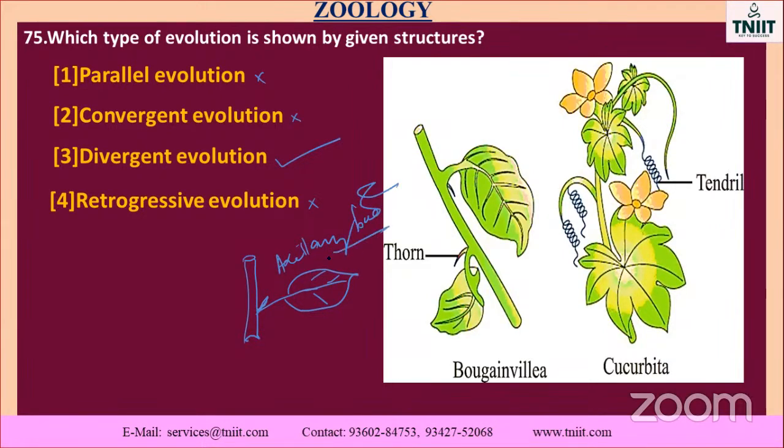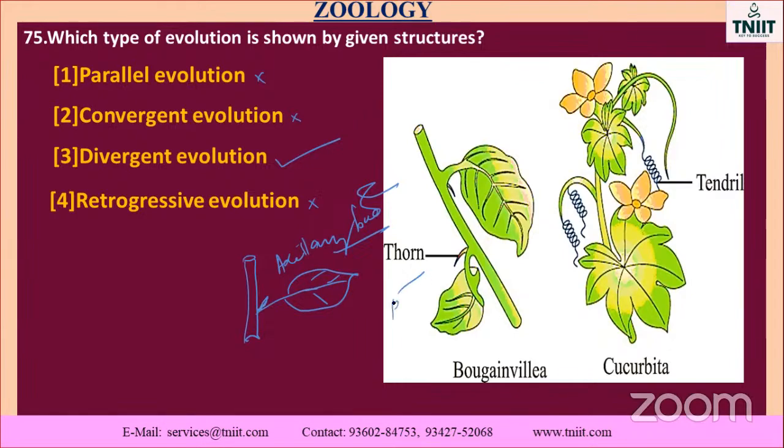The axillary bud may be modified into a thorn, a needle-like structure in bougainvillea. The same is modified in Cucurbita into a tendril. So the same organ is used for different functions.